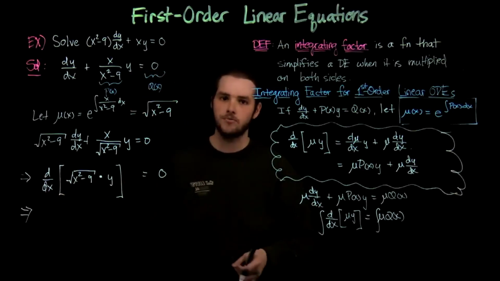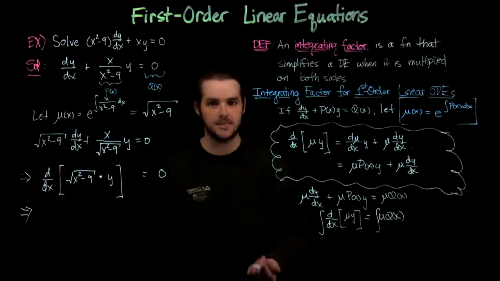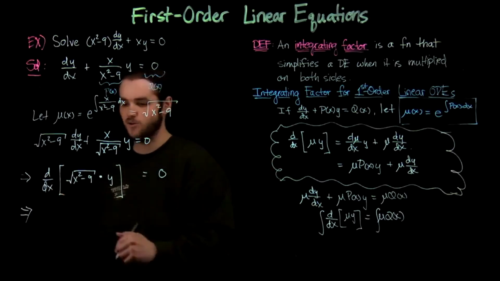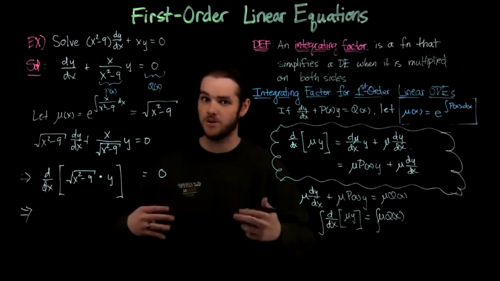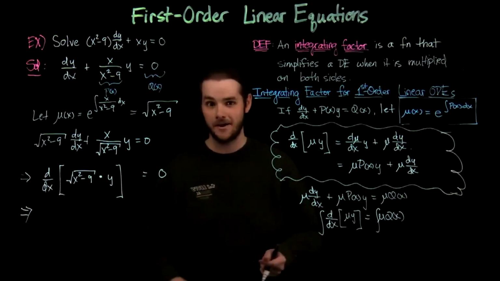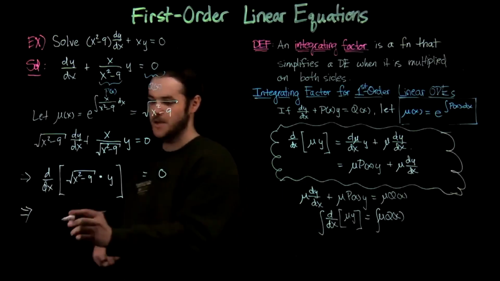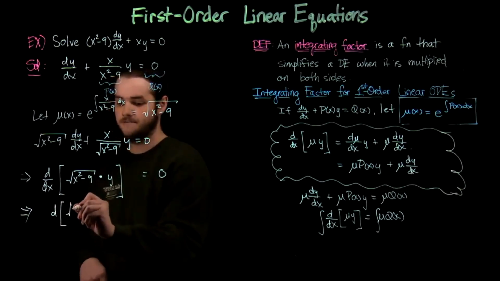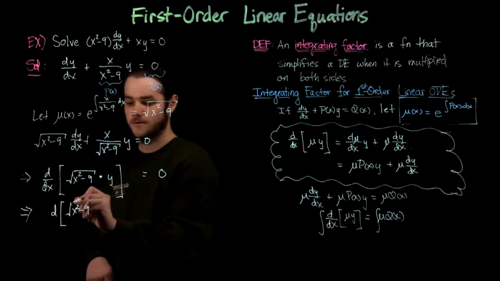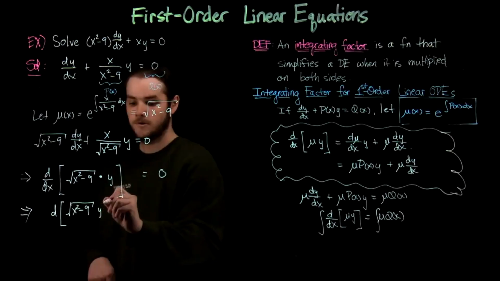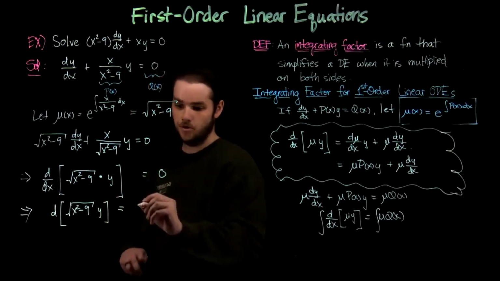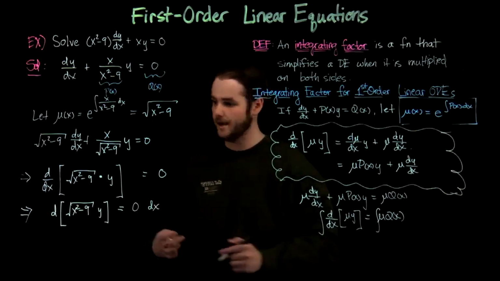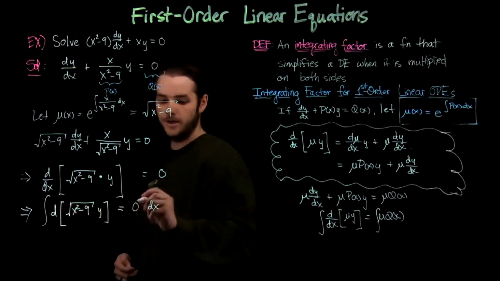And I want to show you one extra step to make this a little bit more clear. I can rewrite this equation. Again, you can almost think about abusing the notation and multiplying the dx over to the other side. But really I have that this stuff equals 0 dx.